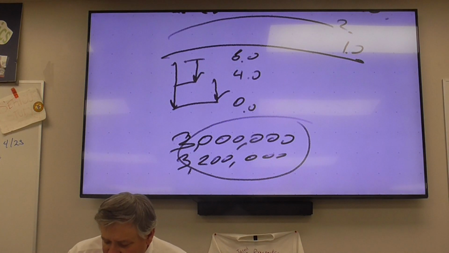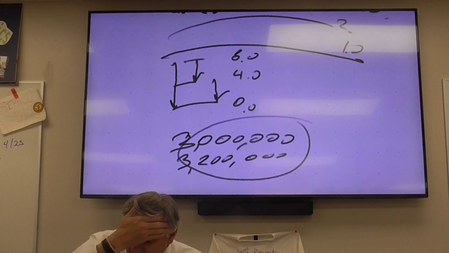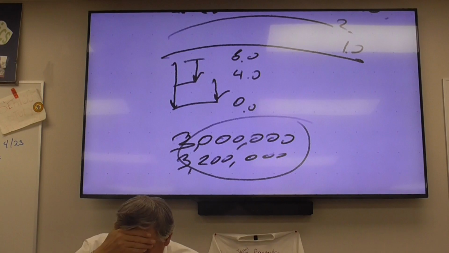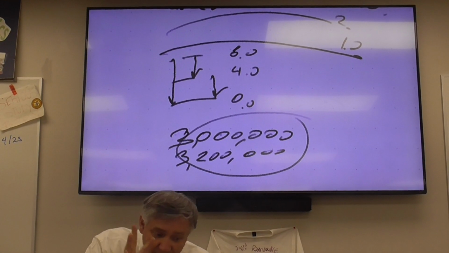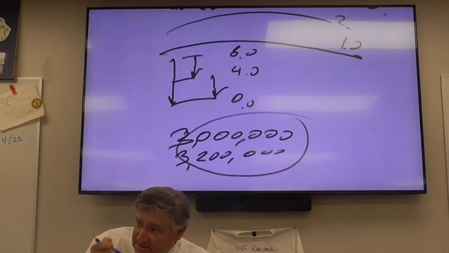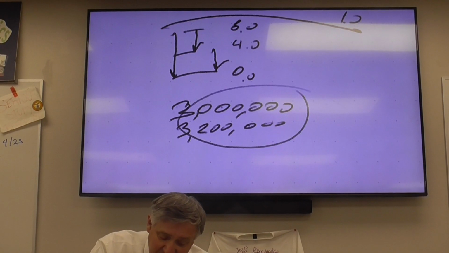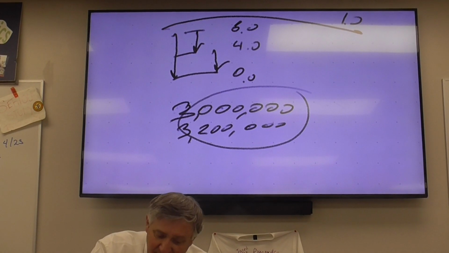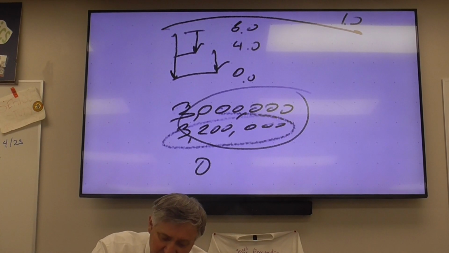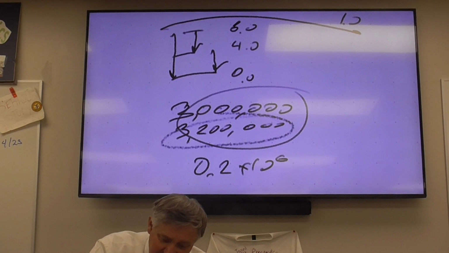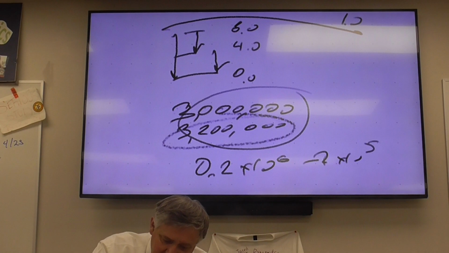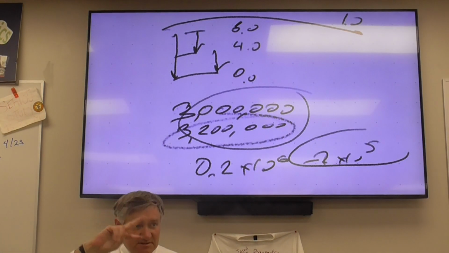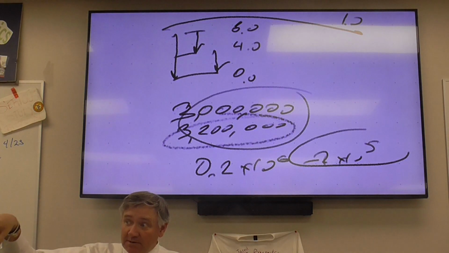So on 45, the uncertainty that you're going to use is what you get if you subtract these two. If you want to write it as 200,000, or as 0.2 times 10 to the 6th, or as 2 times 10 to the 5th, I don't care. That's your uncertainty, that's what's reflective in the momentum part.